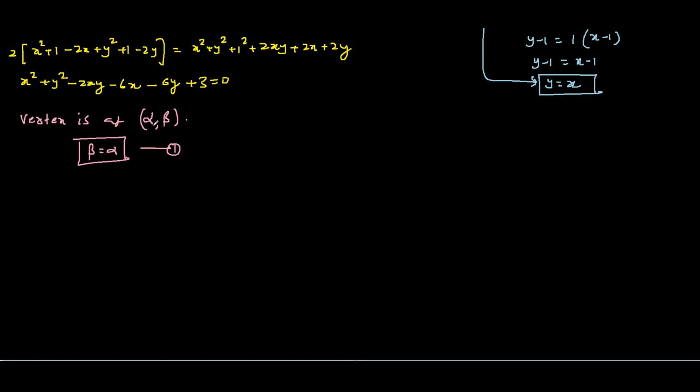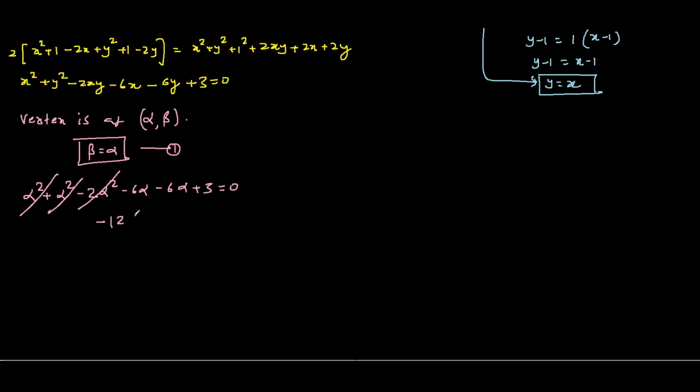And the vertex is lying on the parabola, so (alpha, beta) will also satisfy its equation. Substituting x = alpha and y = alpha, because alpha = beta, we get alpha² + alpha² - 2alpha² - 6alpha - 6alpha + 3 = 0. So these three terms cancel out.